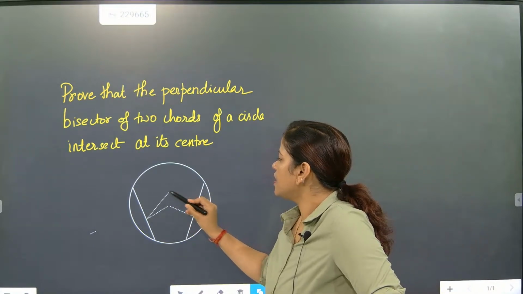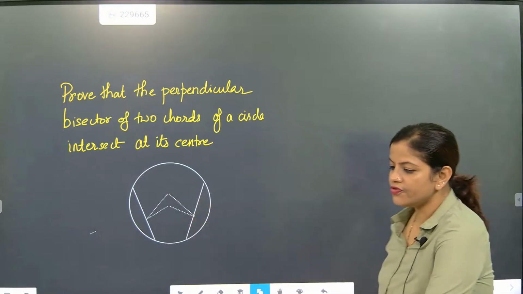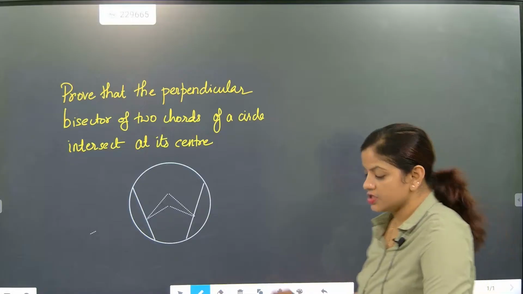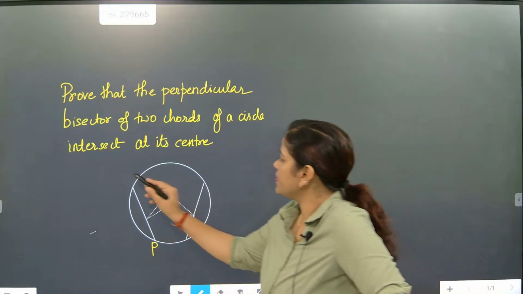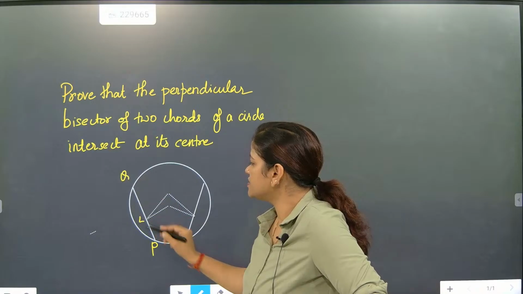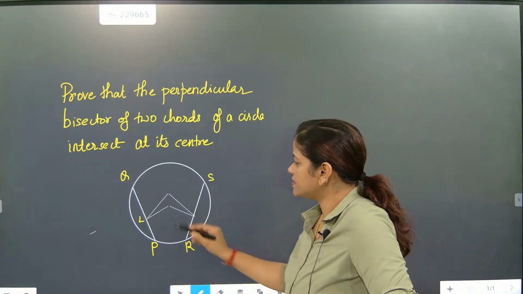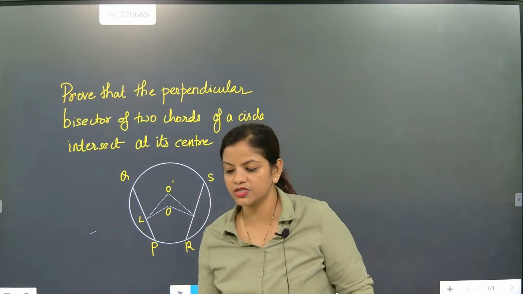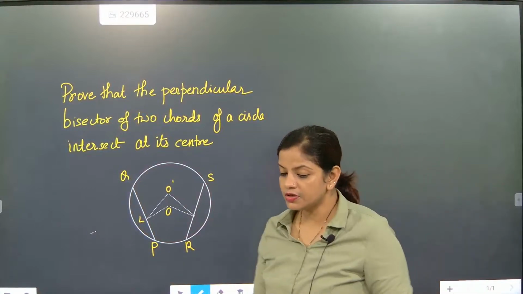Got it? So note down, first draw this one out. This is very, very important. So beta, this one will become P and this one will become Q and this one is considered as L, and here it is R and here it is S. This is center O and this is O dash. Come on, go for it. First draw this part out.